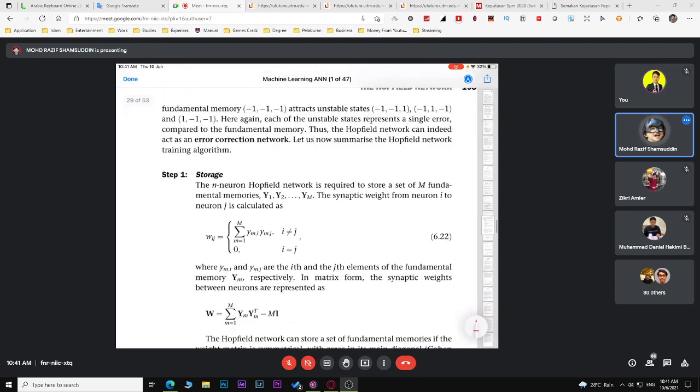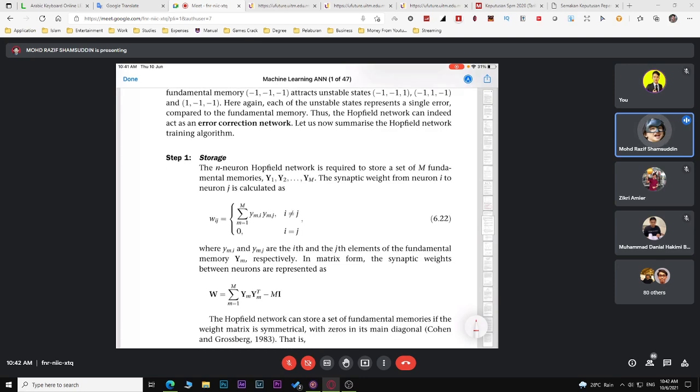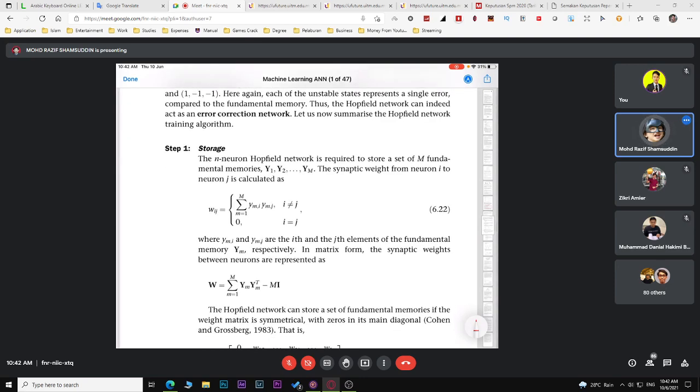Alright. So Hopfield network, dia macam algorithm, backpropagation algorithm, perceptron algorithm. They have its own steps ataupun process, right? So the process of a Hopfield network is divided into 3 steps. One is storage.